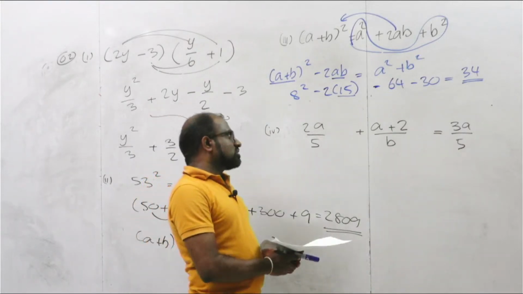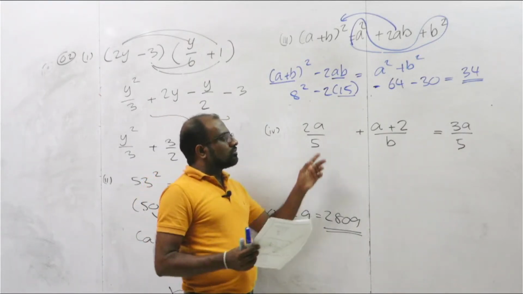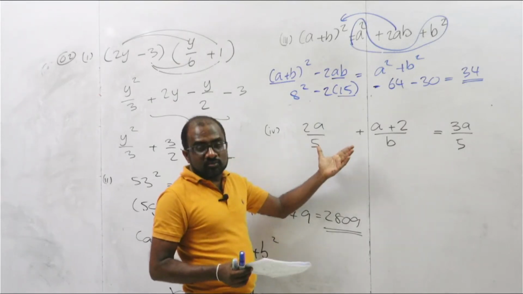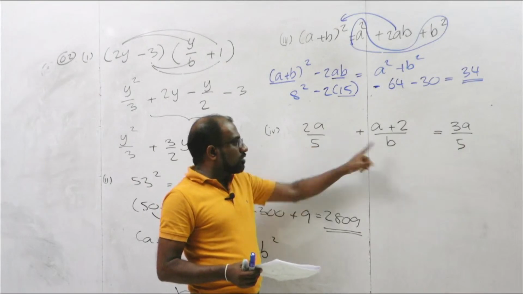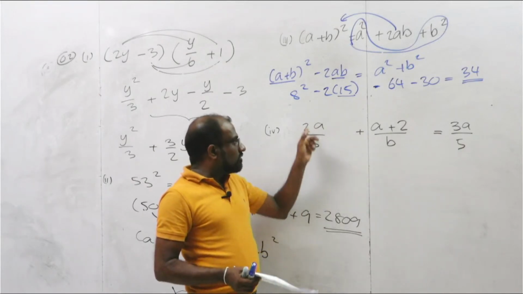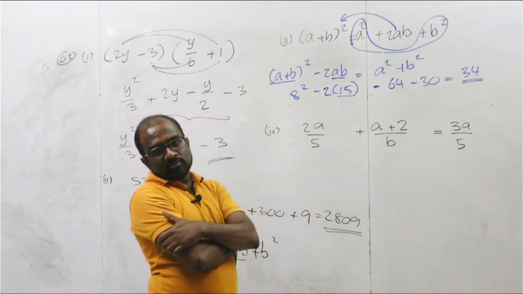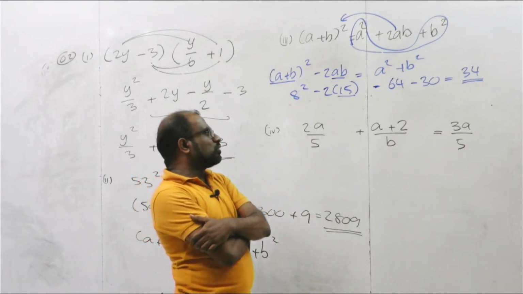So to solve, to simplify as a fraction, common denominator 5b, then divide by denominator, multiply by numerator, then you can apply the cross multiplication, right? But there are easier methods of doing this.